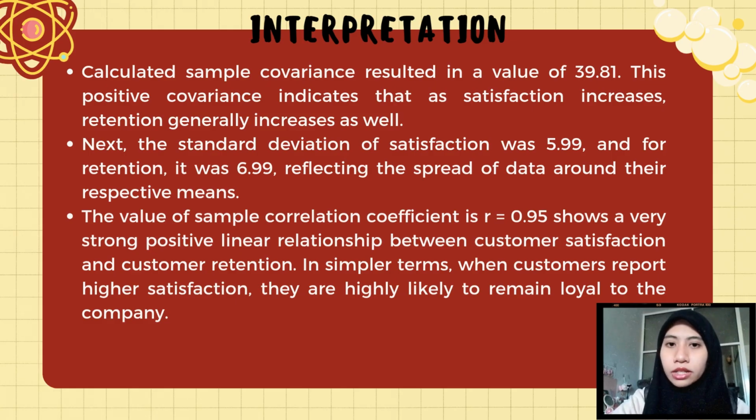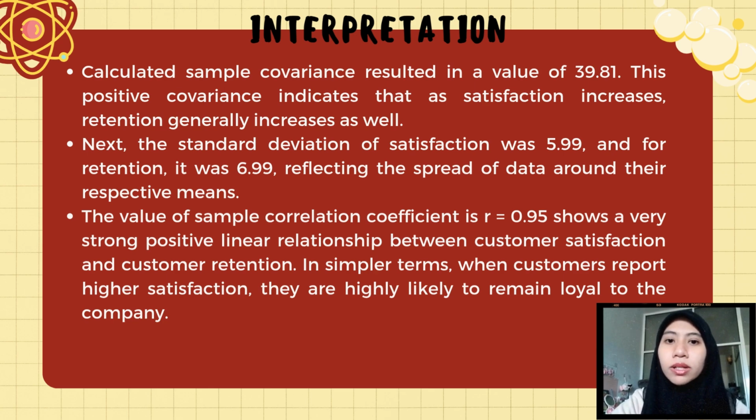For interpretation, the calculated sample covariance resulted in a value of 39.81. This positive covariance indicates that as satisfaction increases, retention generally increases as well. Next, the standard deviation of satisfaction was 5.99 and for retention it was 6.99, reflecting the spread of data around their respective means.